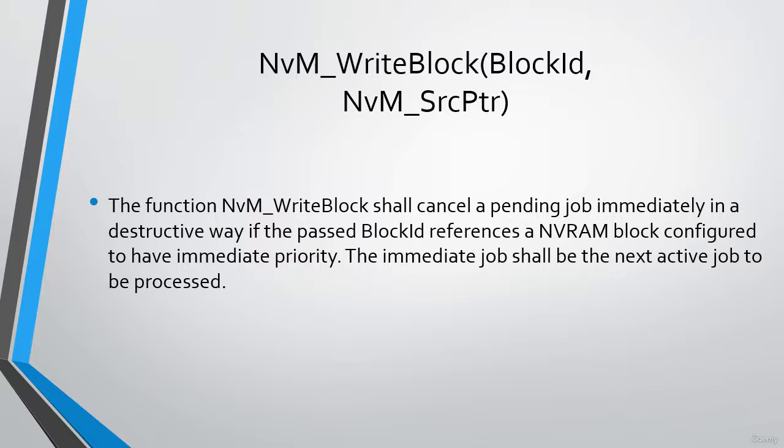But suppose some write block is called for an immediate priority, then we'll destructively cancel the pending jobs and then initiate the write block for that particular block ID. Okay, so that's one thing we need to be clear about: whenever an immediate write block happens, it will take priority over the pending write requests.